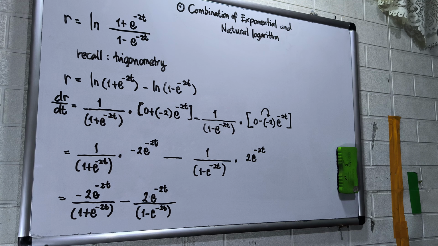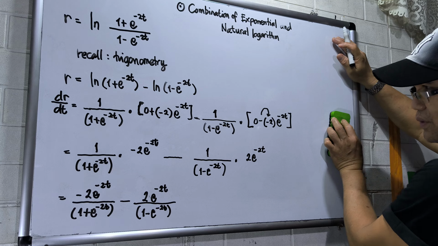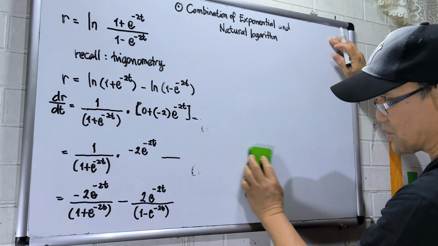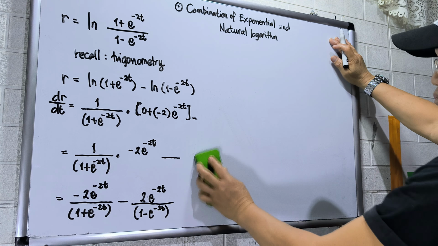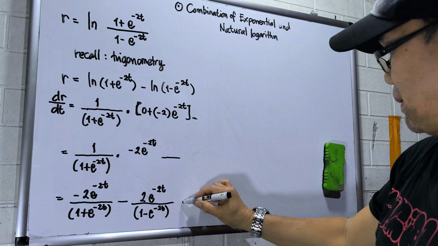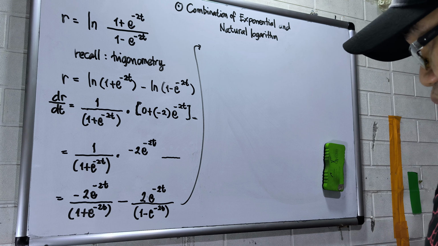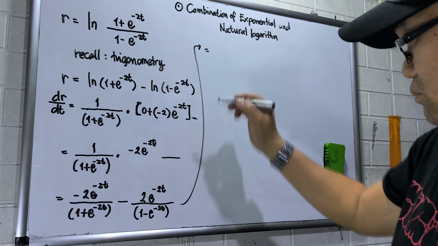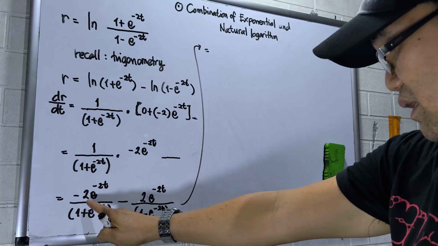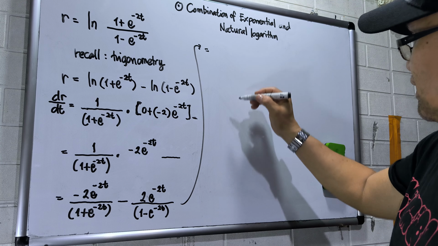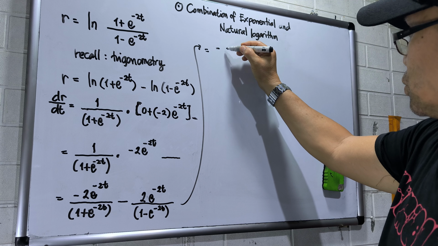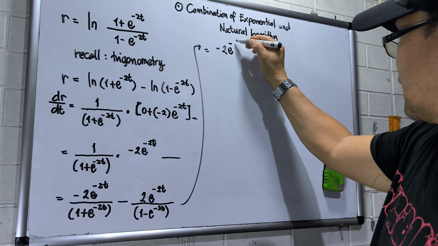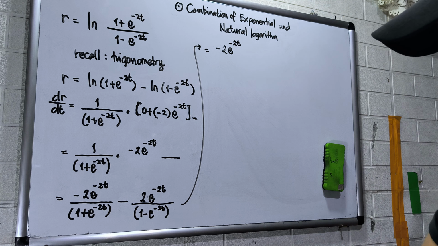Then simplify using algebra. Allow me to erase this for my further solutions. So the common factor is negative 2 e to the negative 2t.